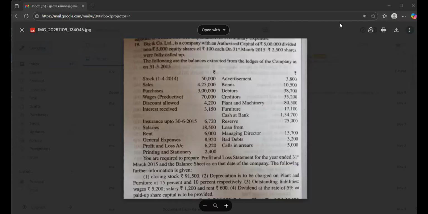From this, we are going to start by preparing the P&L as per the Companies Act of 2013. And then from whatever answer we get, we are going to prepare our balance sheet. So shall we begin? Here I'm going to start with the sum.